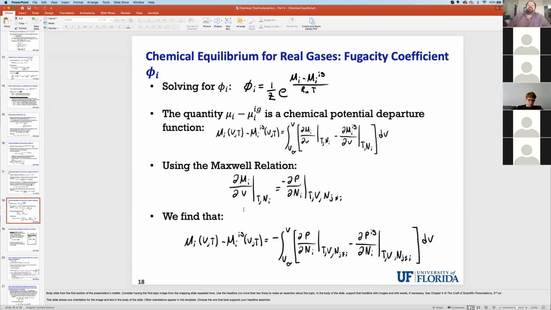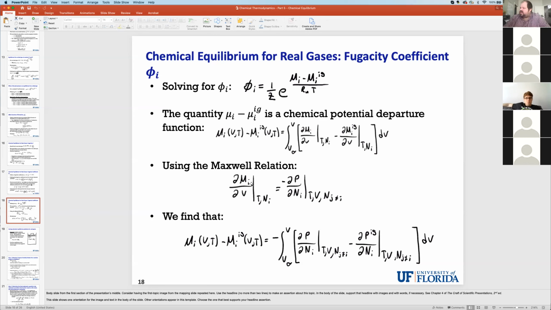volume, which you'd think would be an absolute nightmare to deal with, but it turns out there's an extremely useful Maxwell relation: d mu i dV held at constant temperature and composition is equal to minus partial P partial n_i, held at constant temperature, volume, and the number of moles of all other species.